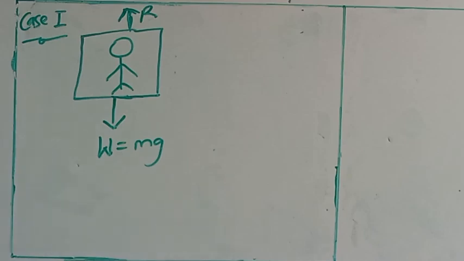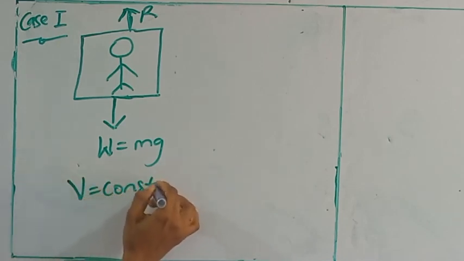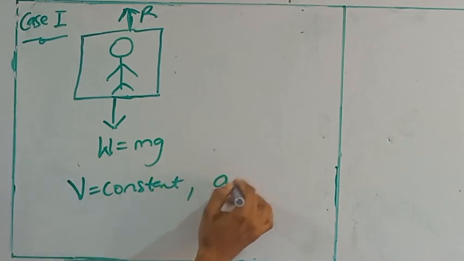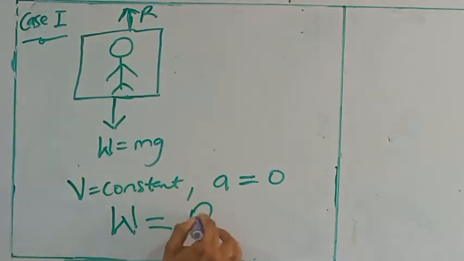Remember that once velocity is constant, it means that acceleration is 0. For this particular one, we are going to have it that the weight is equal to the reaction force because the man is not moving, it's balanced, everything is stationary.